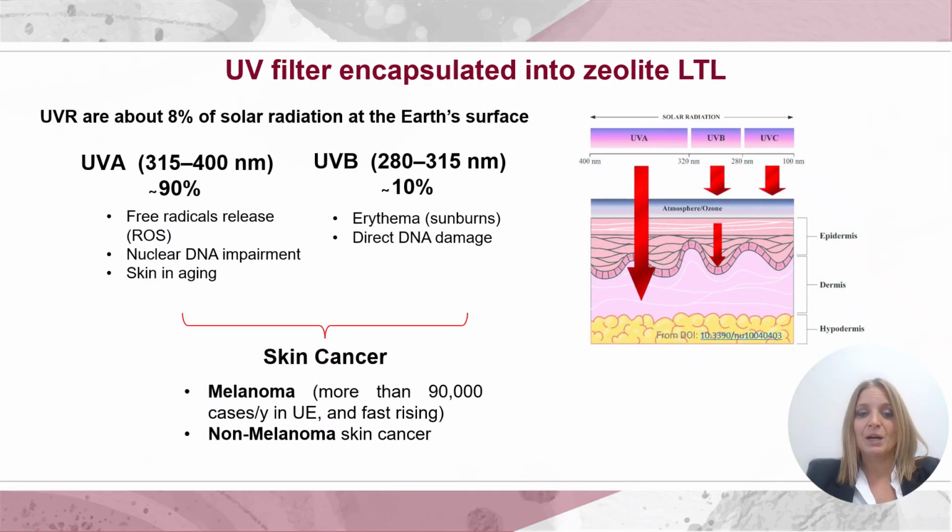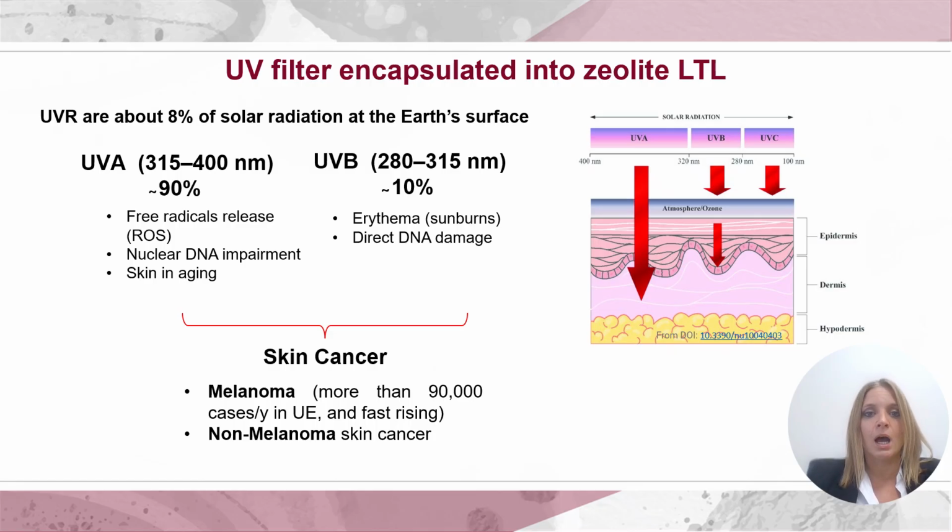For example, we can think that zeolites and their porosities can be used for the confinement of UV filters, a class of molecules central to photoprotection. So at Earth's surface, UV comprises 8% of solar irradiance. UVB drives erythema and direct DNA damage.